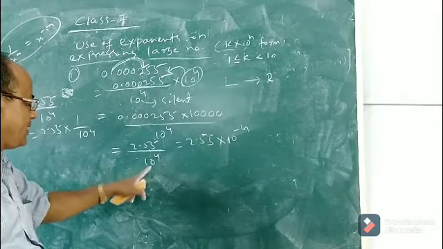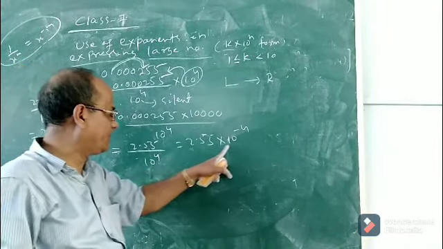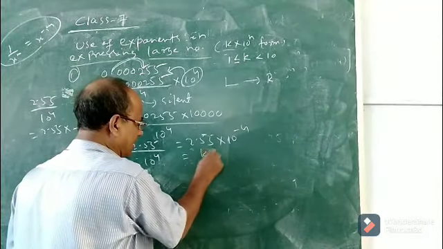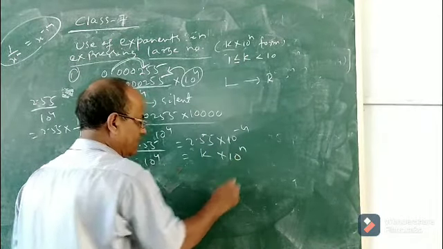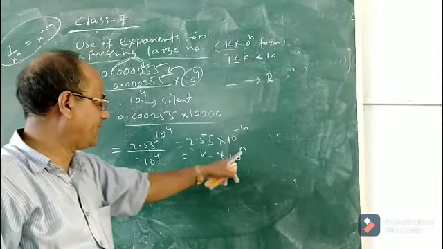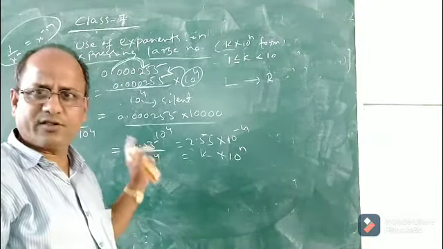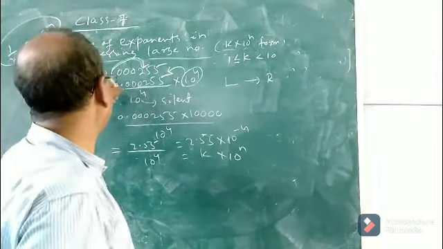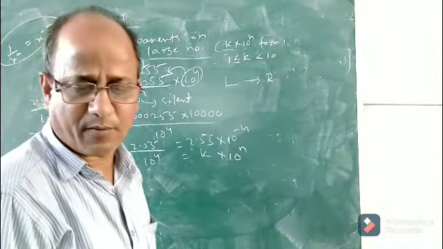So 2.55 by 10 to the power 4 will be 2.55 into 10 to the power minus 4. This is k and this is 10 to the power n. So here k is 2.55 and n is minus 4. This is one example of how to express this number in k into 10 to the power n form.